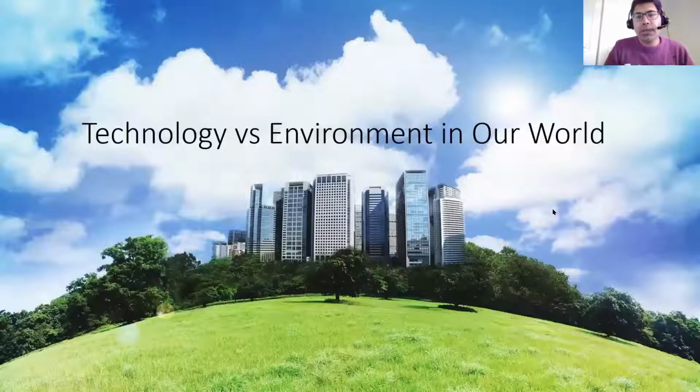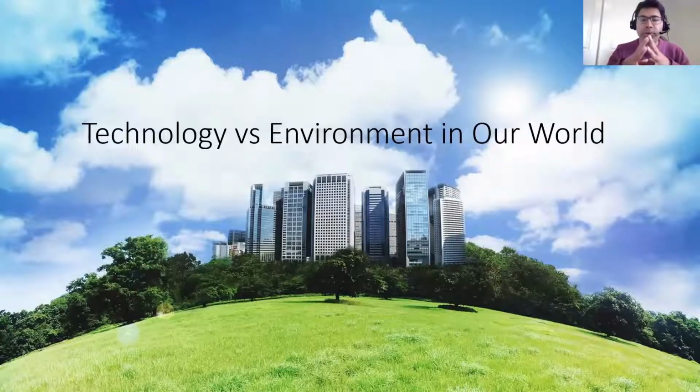As we know, there is a kind of trade-off going on between the environment and technology. We want to live in a world where we have facilities all around. So we are very fond of technology and its use, and we want to facilitate our lives.